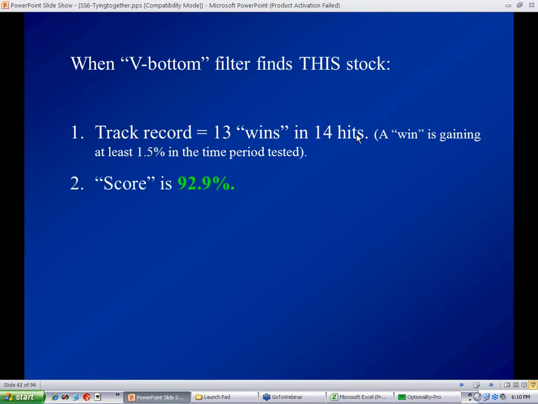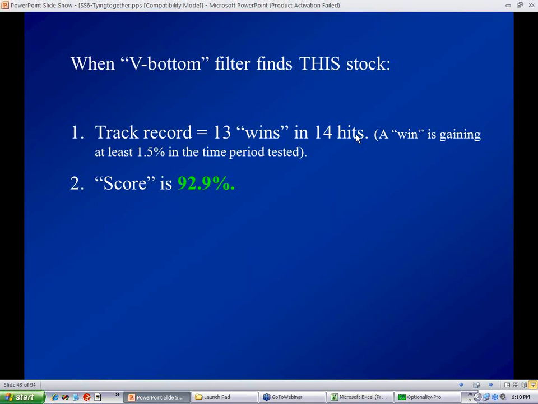The score, therefore, is 92.9%. Now, what that means is that in its track record, when the V-bottom filter trips, this stock has performed well 92.9% of the time.